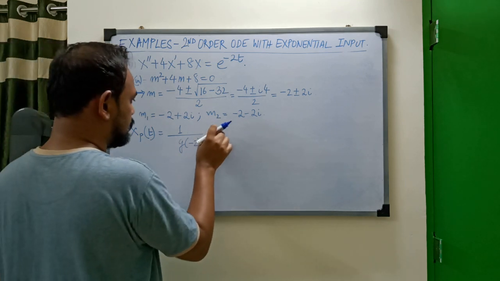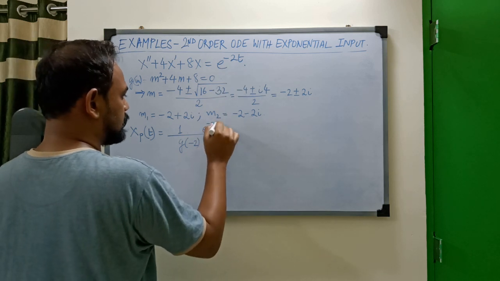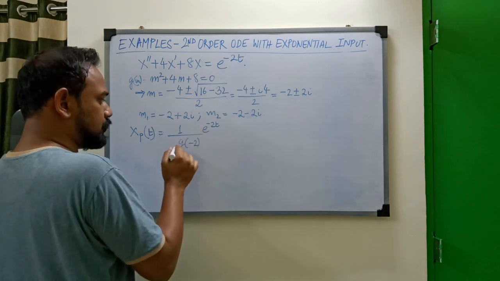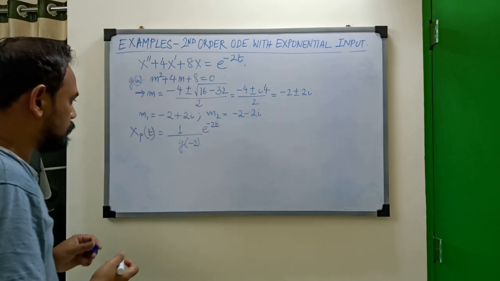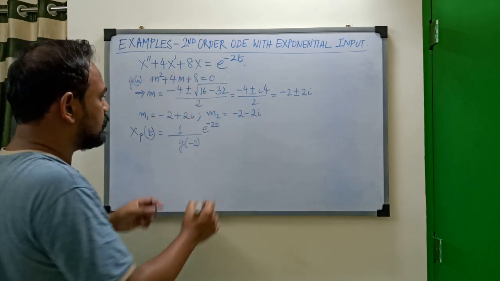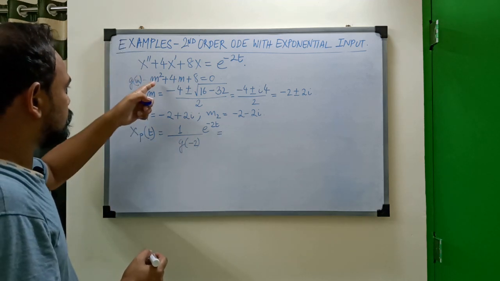And here you have e to the power minus 2t. There will be no t or t square because this g is not differentiated. We are in the first case; again, go back to the video where we have established those cases. So let's just put minus 2 here.